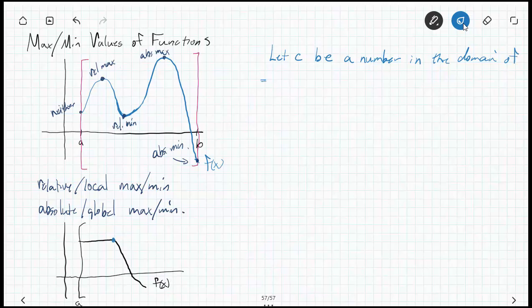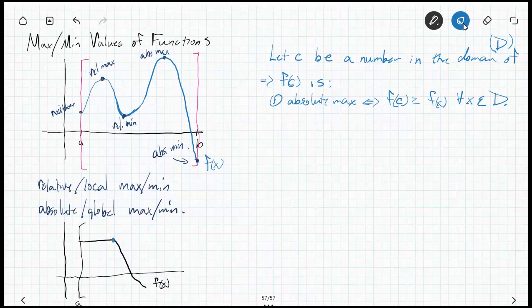This will imply f of c is, one, an absolute max if and only if f of c is greater than or equal to all other f of x for every x in the domain. Now we're getting fancy. We're going to call this, maybe I should put a capital D here, parenthetically. If f of c is greater than or equal to all other f of x for every value of x in the domain.